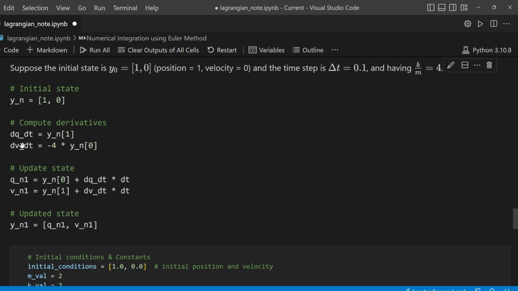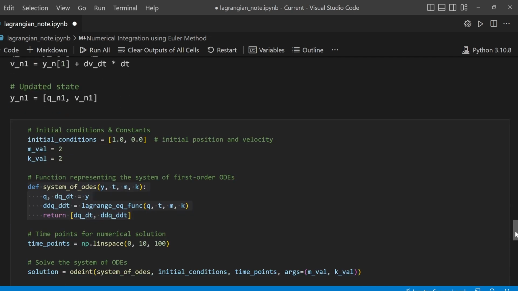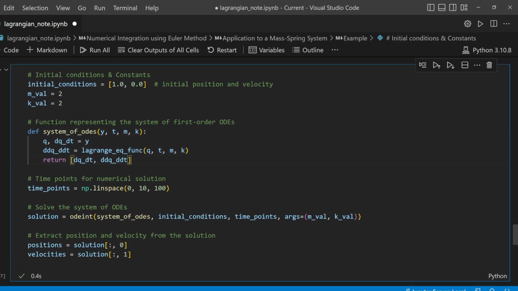Then we have dq and dt. We replace them here. We multiply them by dt, which is 0.1. And then we add the previous value of yn or y0, which is [1, 0]. We update the state and we redo the work over and over again. So this is basically what we are doing right here.